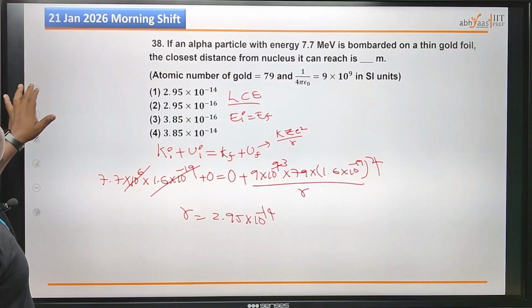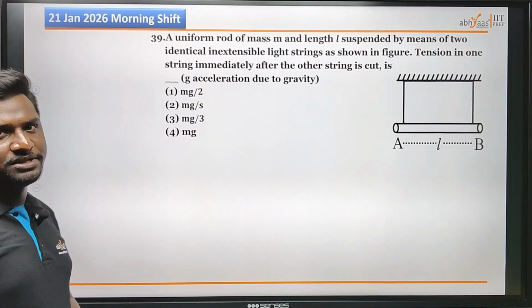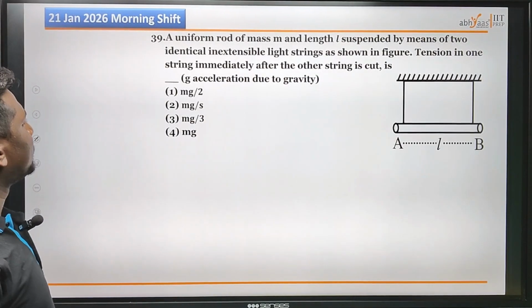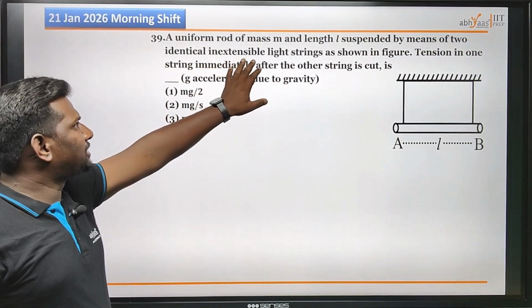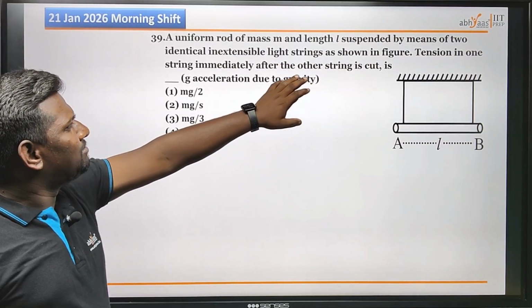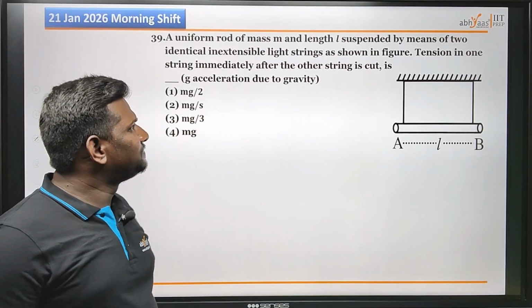Okay. Next question. This is a very beautiful application from rotational dynamics, rotational motion. What they are asking: a uniform rod of mass m and length L is suspended by means of two identical inextensible light strings.